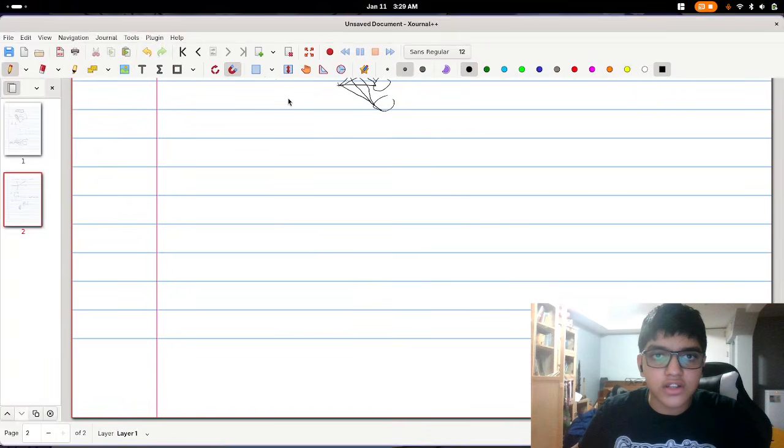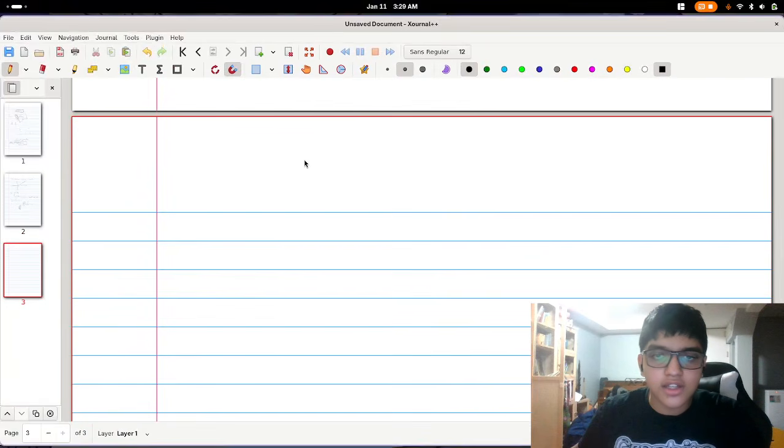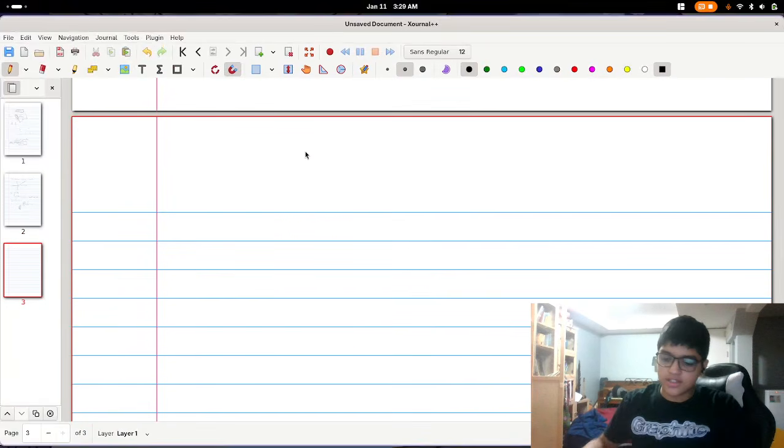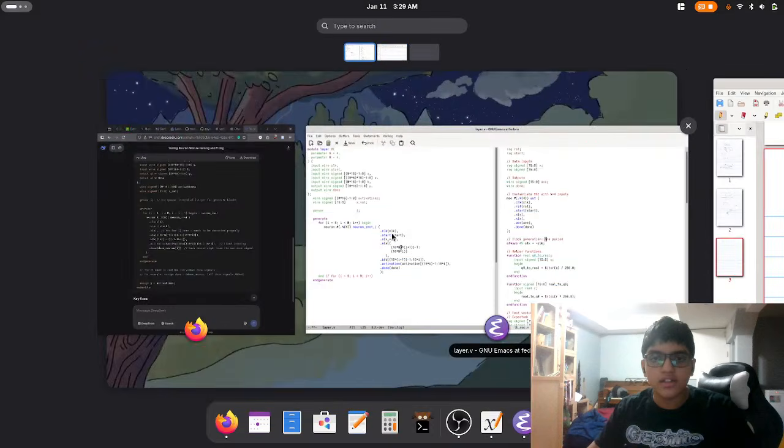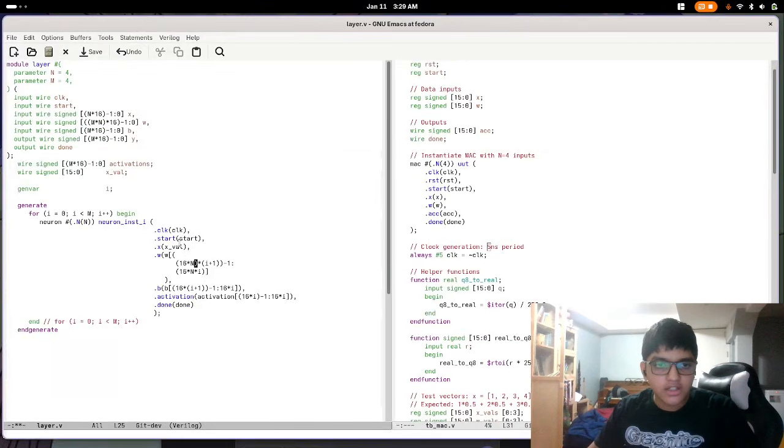So let's just hand crank this with some numbers. Let n equal 2, let m equal 2, and that's all of the values you need.